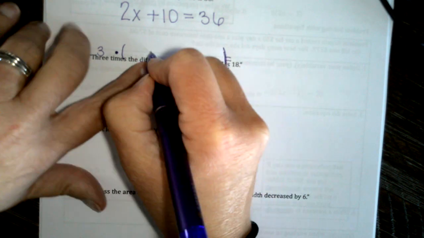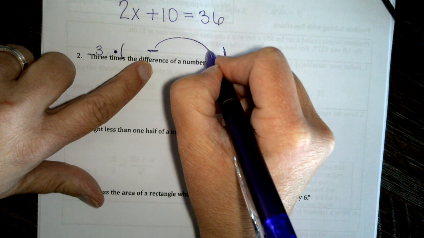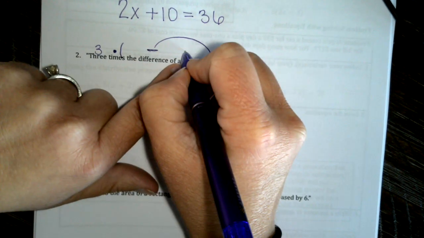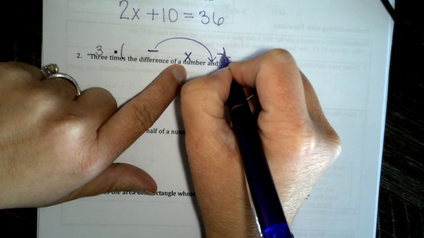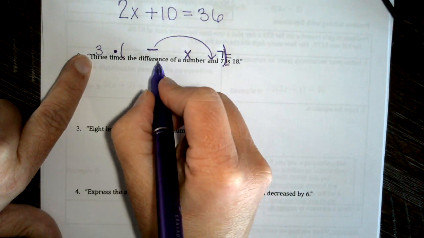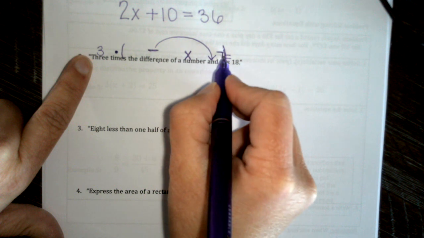The difference, so that's the minus sign, minus goes where the and is, right there. And it's a number, so x and 7. So you're going to take 3 and you're multiplying it by the answer to x minus 7.